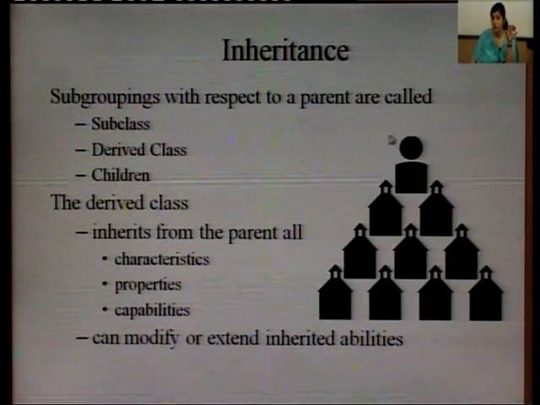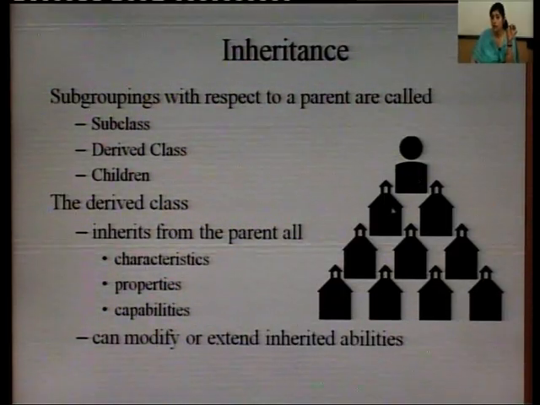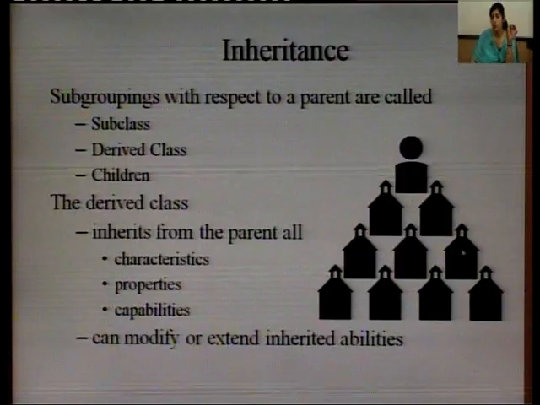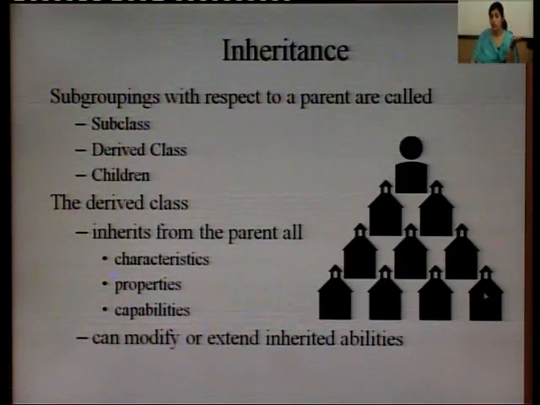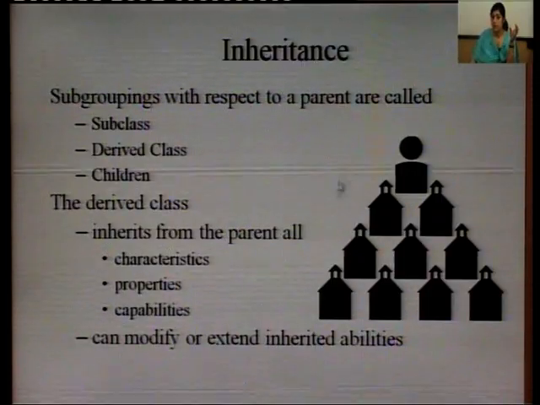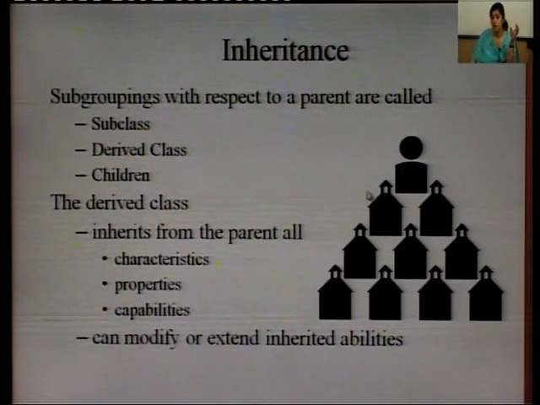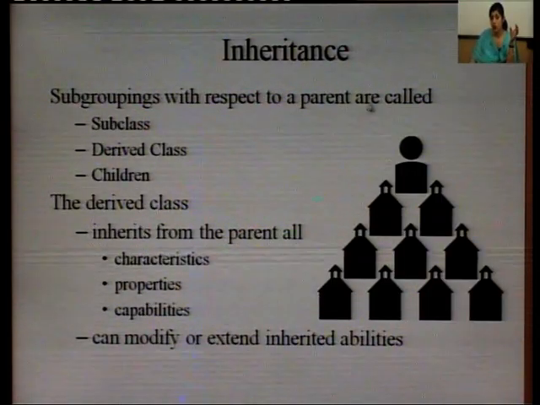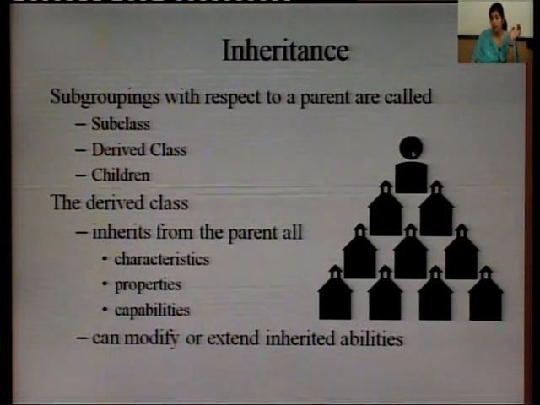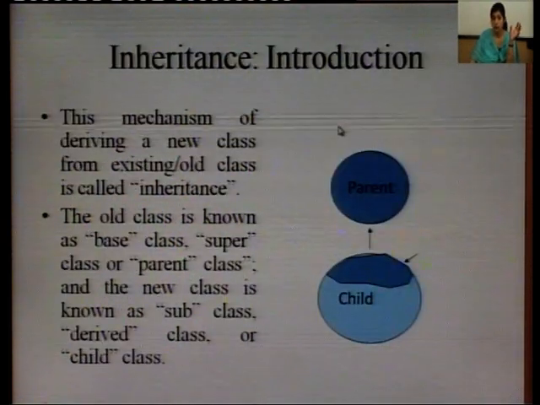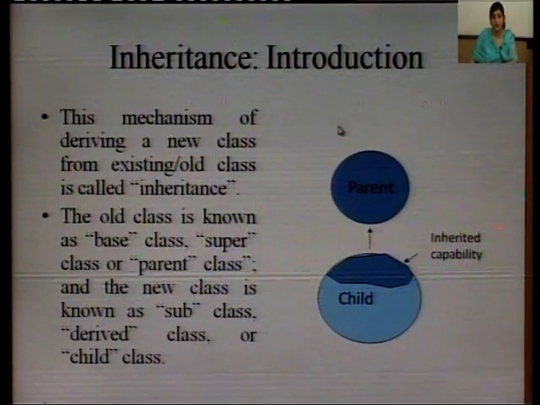Clear? This is the tree like structure of inheritance, that from one class we can derive many classes. There is no end how much we can create the children of the parent class. And obviously the data and the member functions are shared by these all derived classes of this base class. Clear? Now, inheritance introduction again.